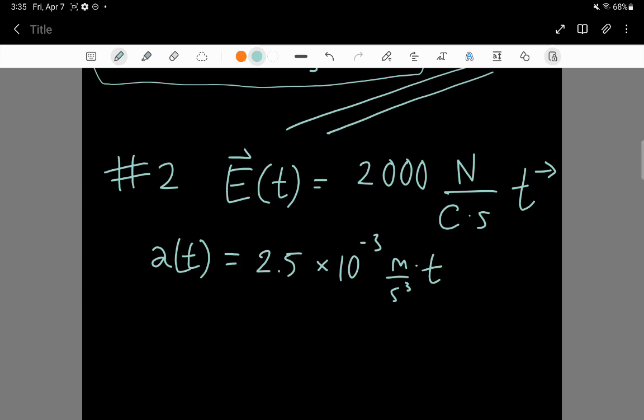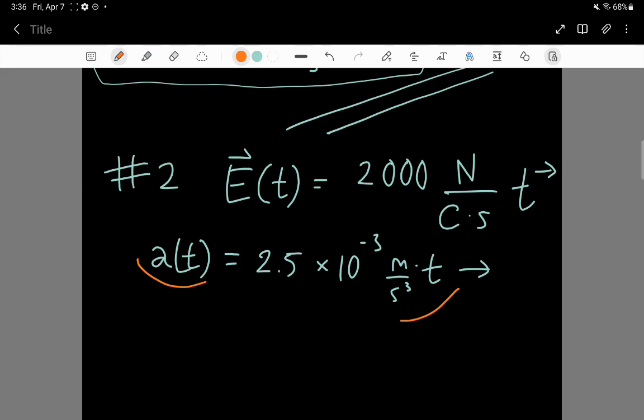And it is towards the right because the electric field is towards the right. So the particle is going to accelerate towards the right. And you can see that the units are going to work out because time times meters per second cubed has dimensions of distance per time squared, which is what acceleration is. Acceleration is distance per time squared.